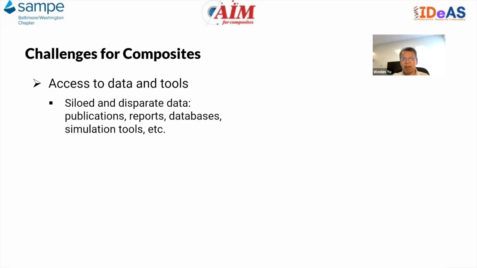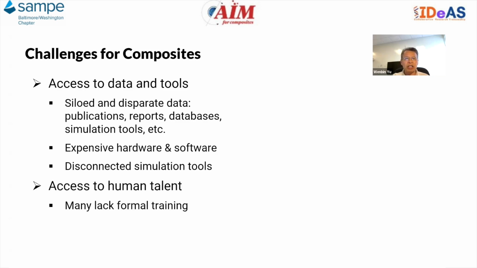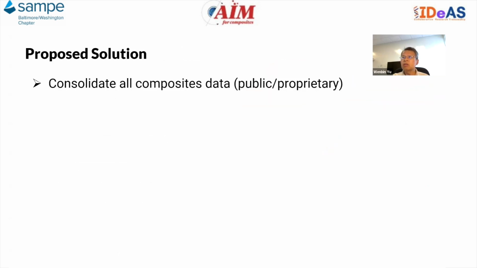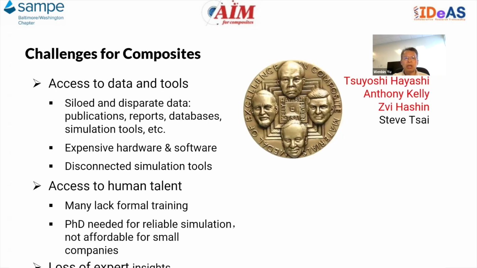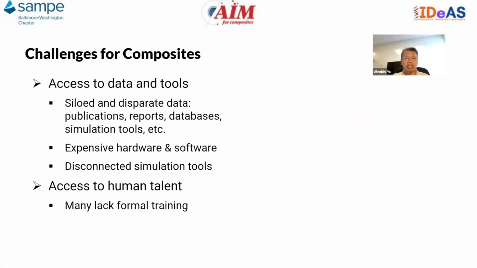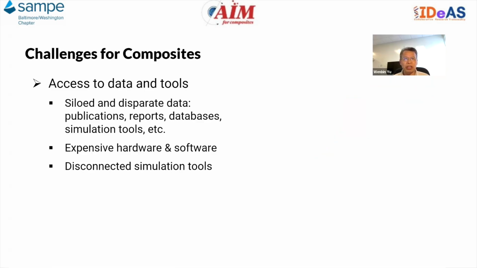But the problem is that we have difficulty related with access to the data and tools. They are located in different places, and they are siloed and disparate data, not easy to access, not easy to retrieve, of course, not easy to use.